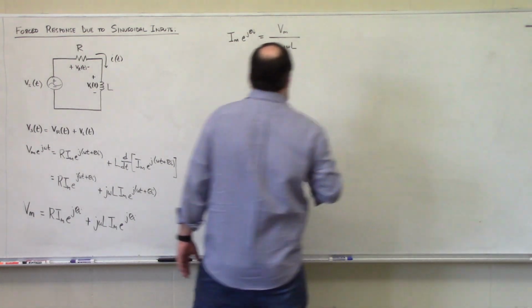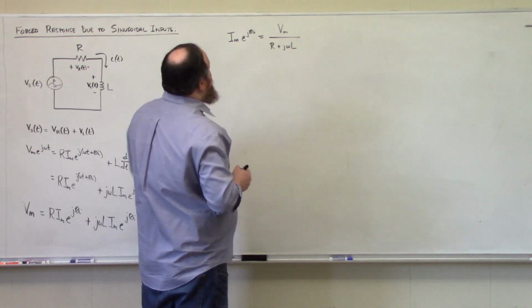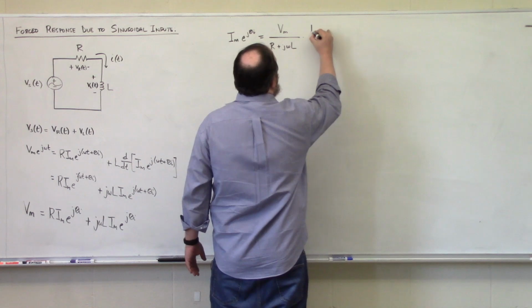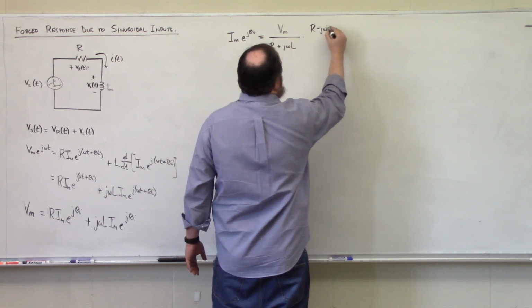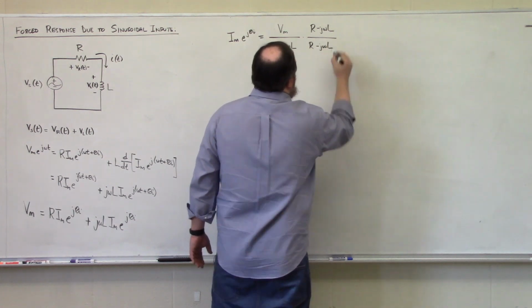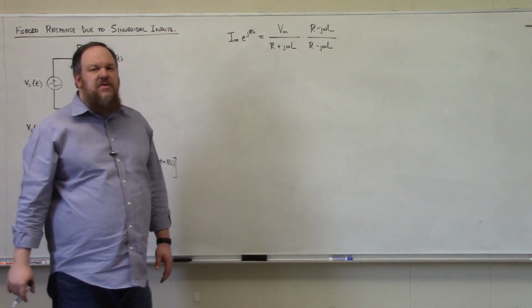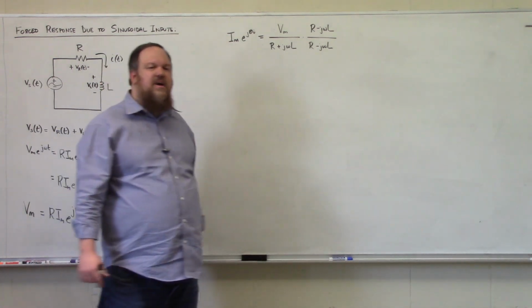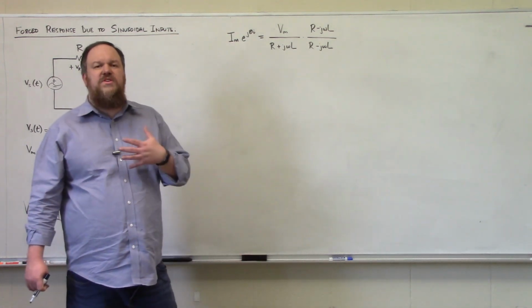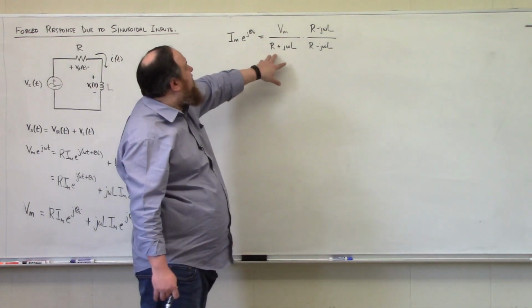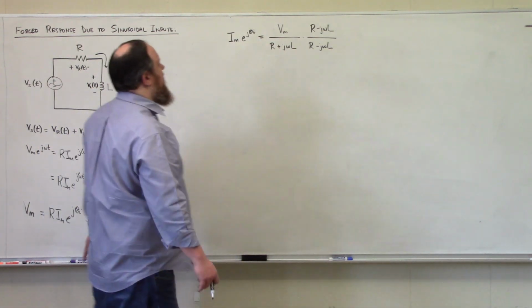So I'm going to multiply this by R minus j omega L divided by R minus j omega L. This is simply the complex conjugate of the denominator divided by the complex conjugate of the denominator, which is just a fancy way to express the number 1. But it's going to allow us to get rid of the complex number in our denominator.